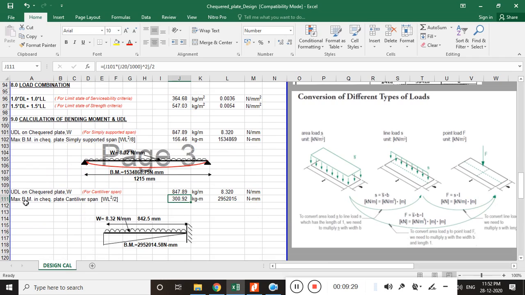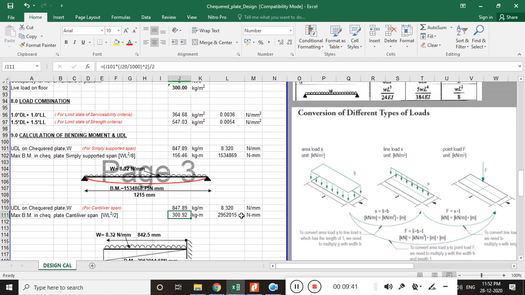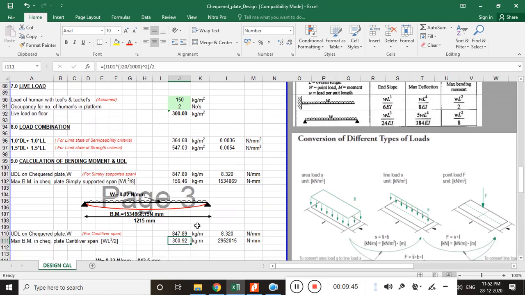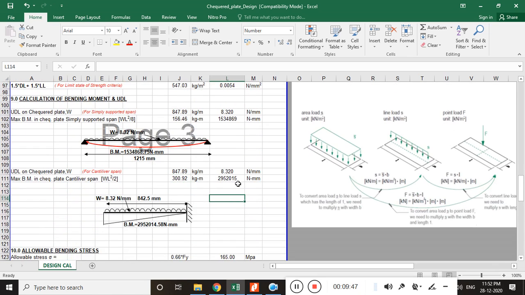And here the maximum bending moment has been calculated, that is W into L square by 2 for the cantilever. For the cantilever beam, the formula for the maximum moment is WL square by 2. Here this load has been converted into Newton per mm square.